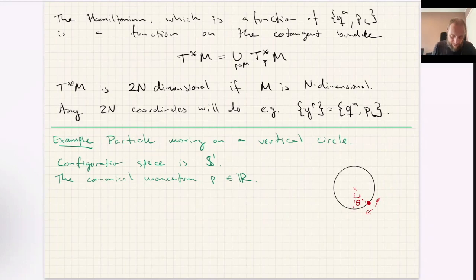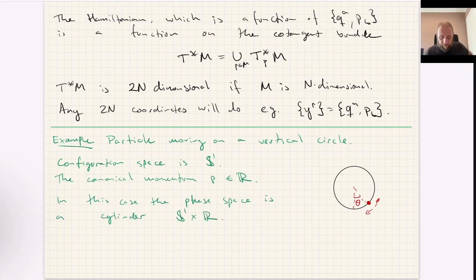So in this case, the phase space is a cylinder. It's S^1 cross R. And notice that in this particular case, the phase space is a simple product between the circle and the real numbers. This is not necessarily always the case, but in this very simple case, it is. So the phase space is a cylinder here.